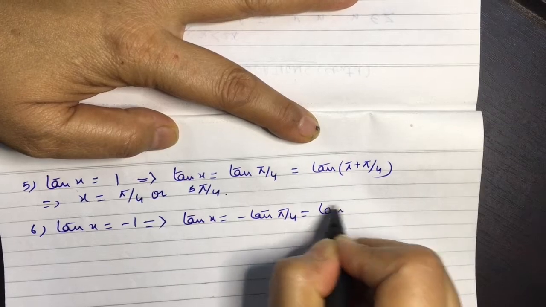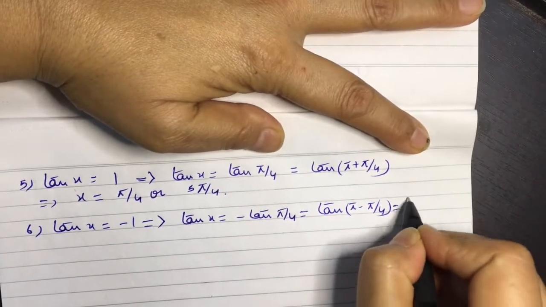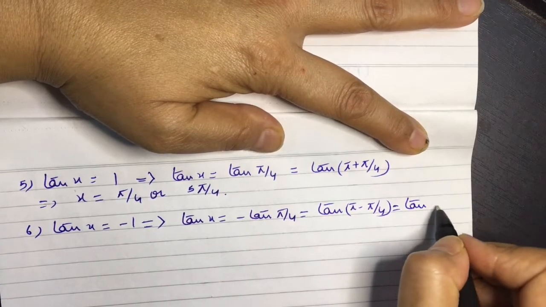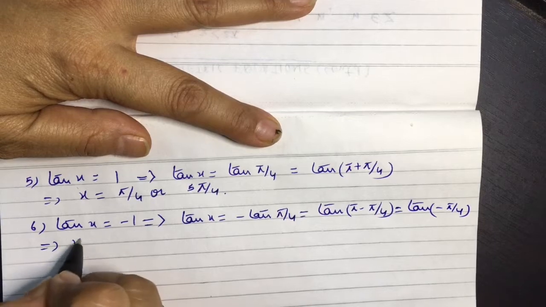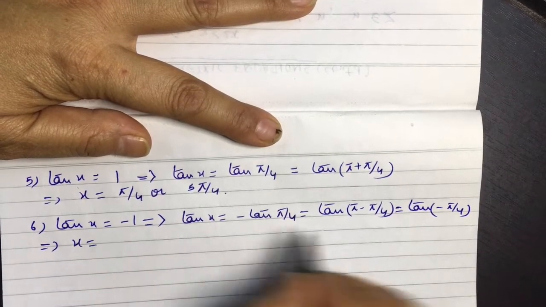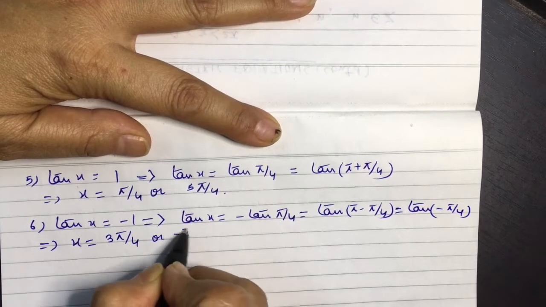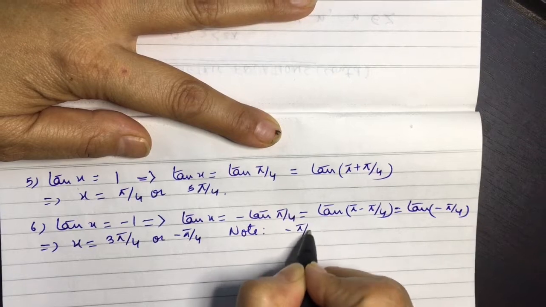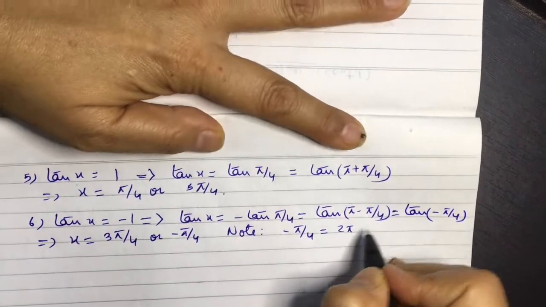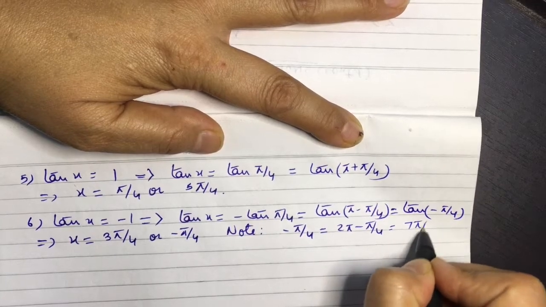So I can write it as tan of pi minus pi by 4 and tan of either 2 pi minus pi by 4 or simply minus pi by 4. Comparing, I get x equal to pi minus pi by 4, which is 3 pi by 4, or minus pi by 4. Note, minus pi by 4 can also be written as 2 pi minus pi by 4, which is 8 minus 1, that is 7 pi by 4.